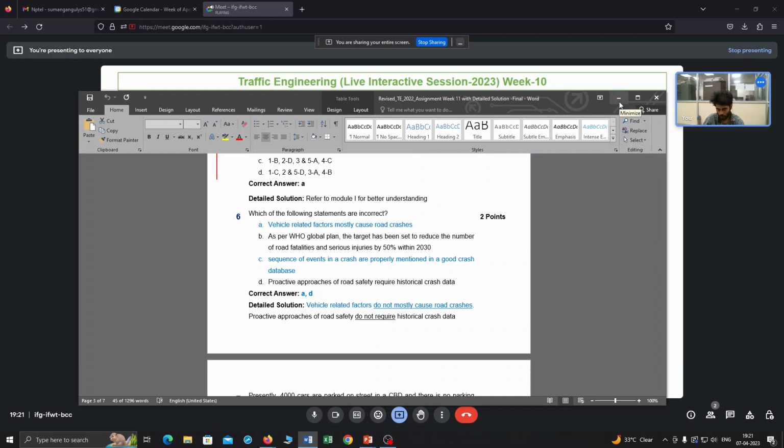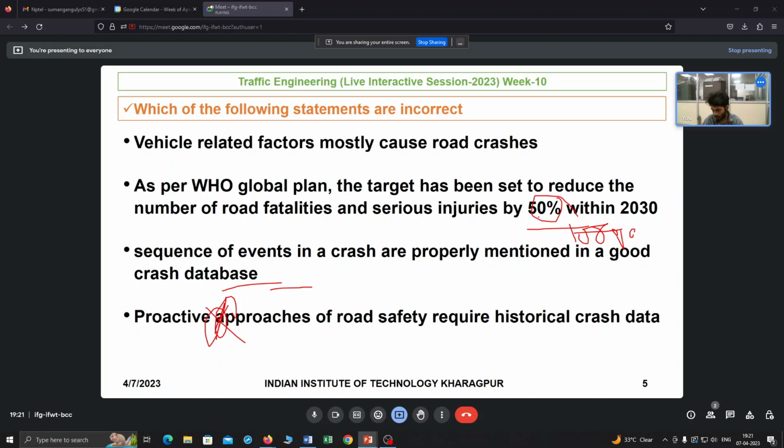So which are the incorrect statements? Actually it is 50%, so it is a correct statement. Sequence of events, even in a good crash database, may not always be available. Which happened earlier and which happened later is very difficult to tell, so it may be an incorrect statement.